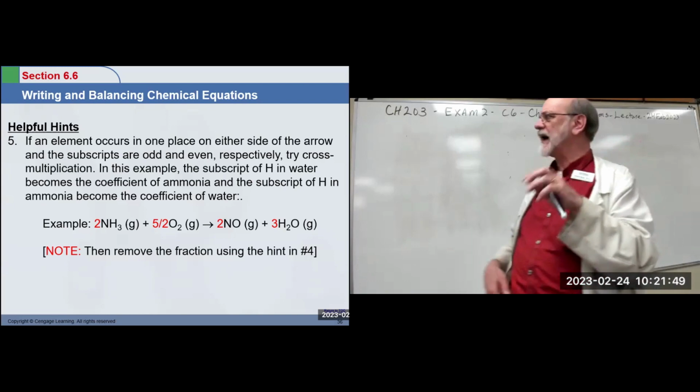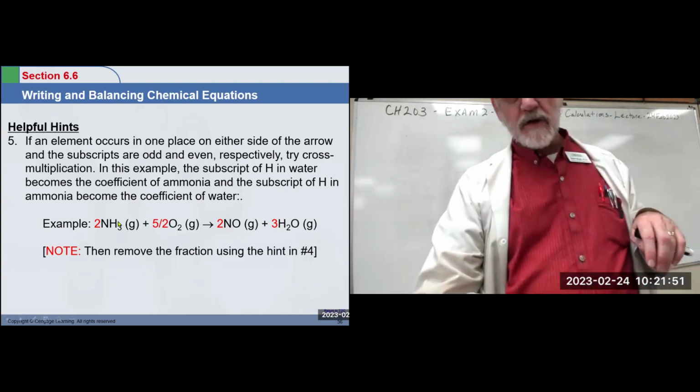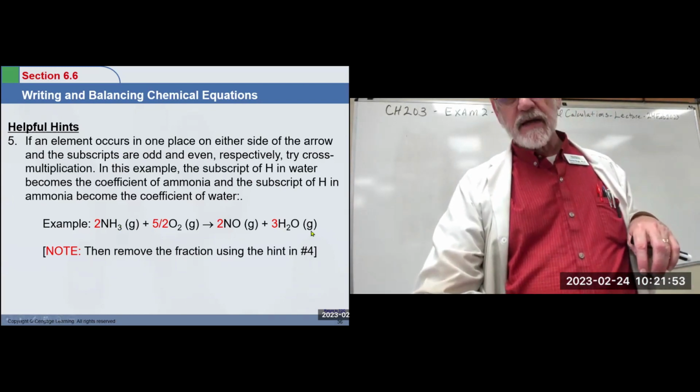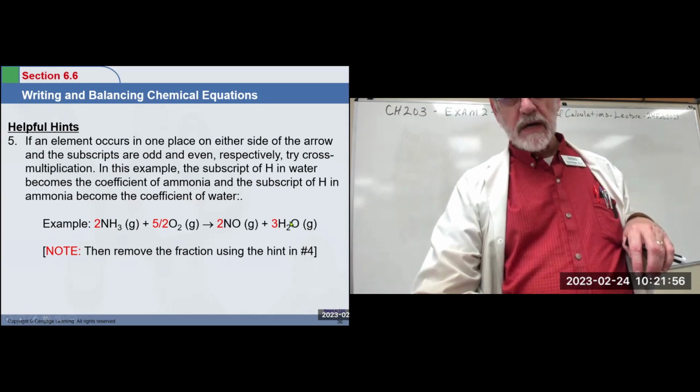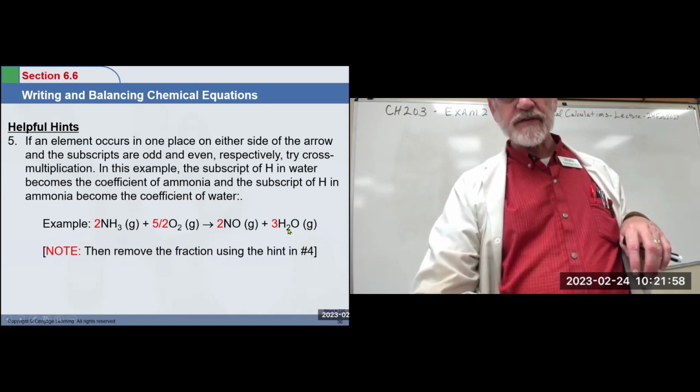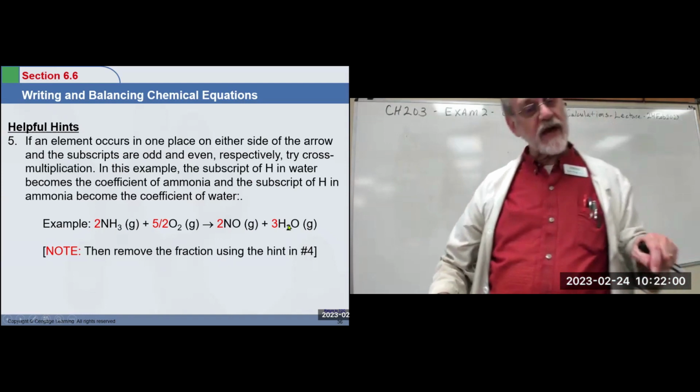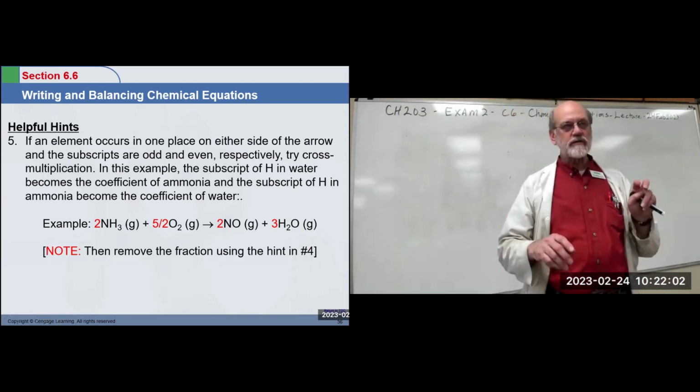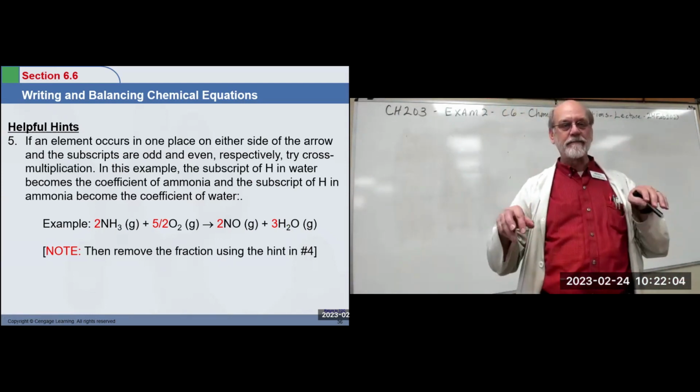We're focusing on hydrogens here. Look here, you've got 3 hydrogens on this side and 2 on this side. So sometimes you have to use 2 coefficients at the same time.